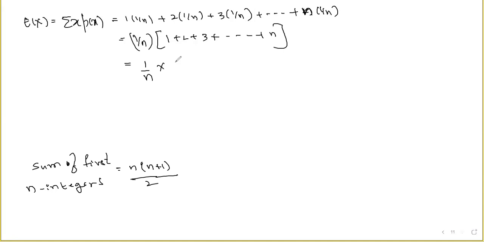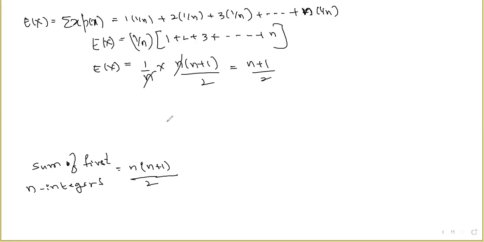So 1 by n into n into n plus 1 whole divided by 2. The n gets cancelled. So we got n plus 1 divided by 2. This is nothing but the expected value of x.